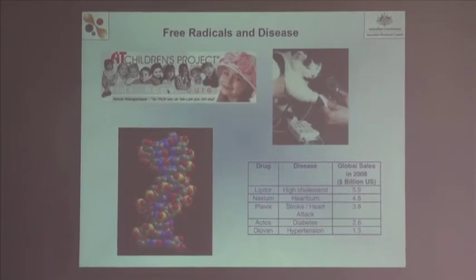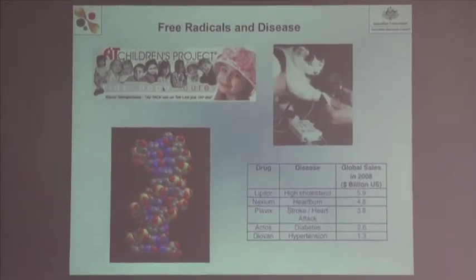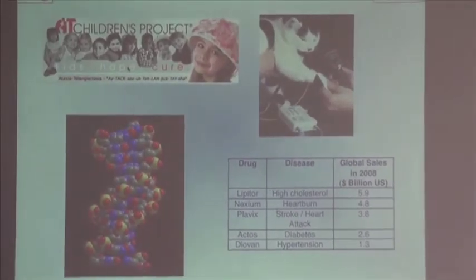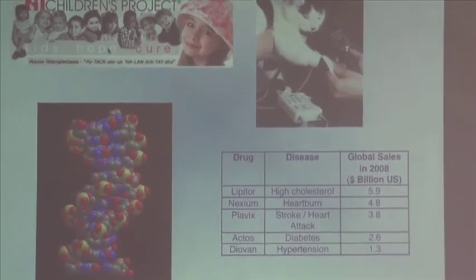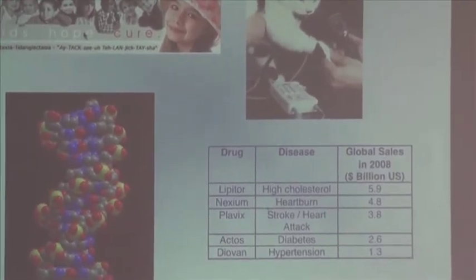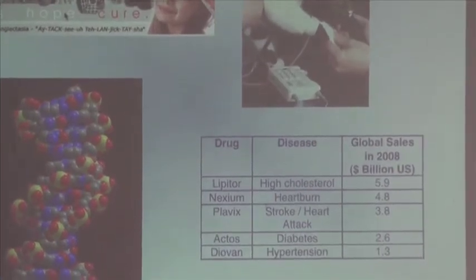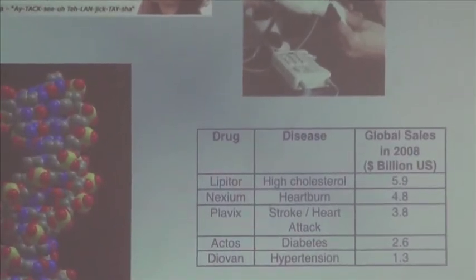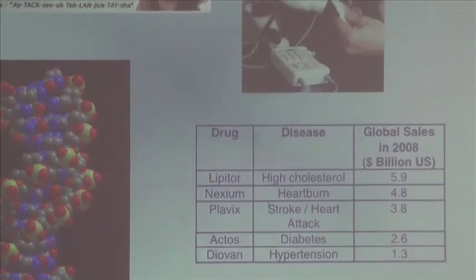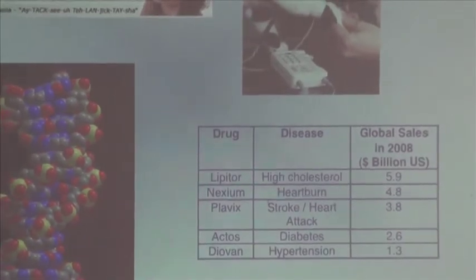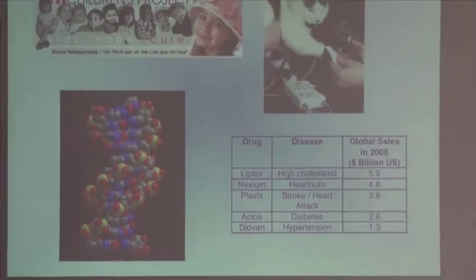Nexium is actually the number 2 selling drug at $4.8 billion in 2008. It's for heartburn. But then Plavix is supposed to be a remedy for stroke or heart attack. Then you have diabetes medication, and then you have hypertension. And heart attack and stroke, diabetes and hypertension all have free radicals associated with those diseases.